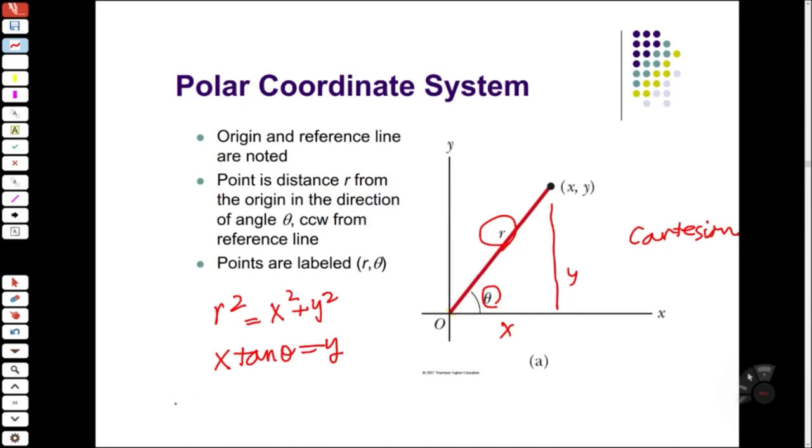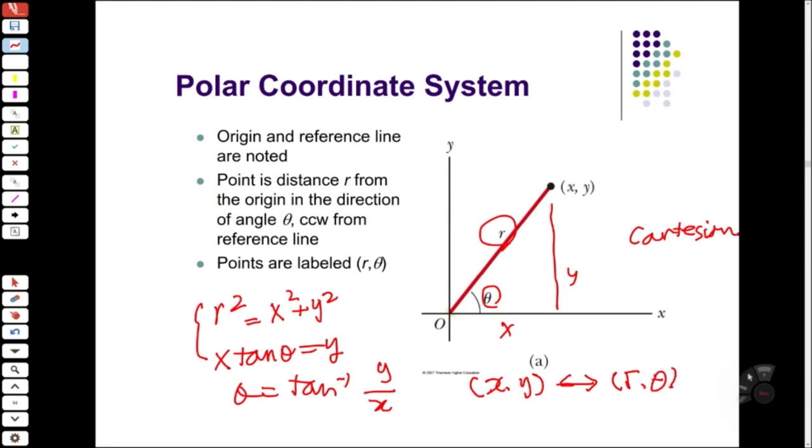Okay, and the relation between x, y and r, theta is the following. You can either work in the Cartesian coordinates, or this other system, which is called polar coordinates.